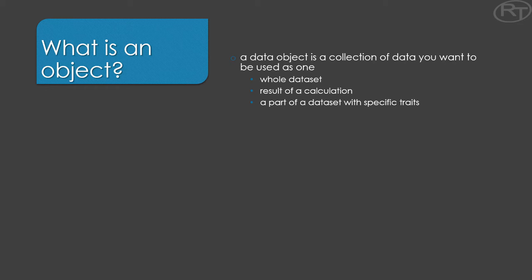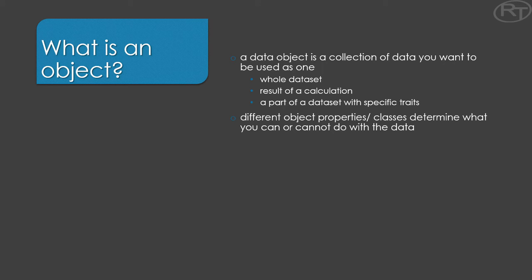It is also important to note that an object can have different properties. Therefore, we have different object classes in R. Those of you new to programming will hear this for the first time, but it is crucial to understand. The object class you select for your data will determine what you can do and cannot do with your dataset.